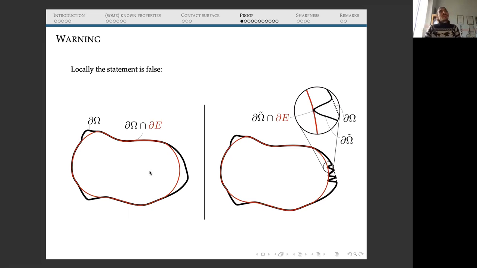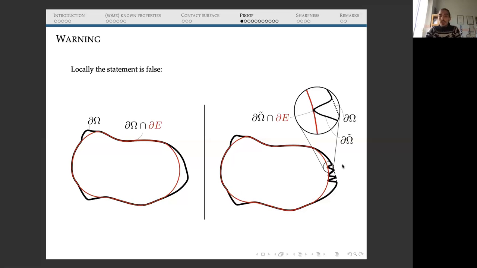Now, from the definition of Cheeger constant, you can see that this kind of deformation doesn't change the Cheeger constant. In particular, if this guy here was a Cheeger set for this omega, after this deformation it remains a Cheeger set also of omega tilde. But now the contact surface has gained these additional points. So globally, the dimension of the contact surface here is still d minus 1, still 1.